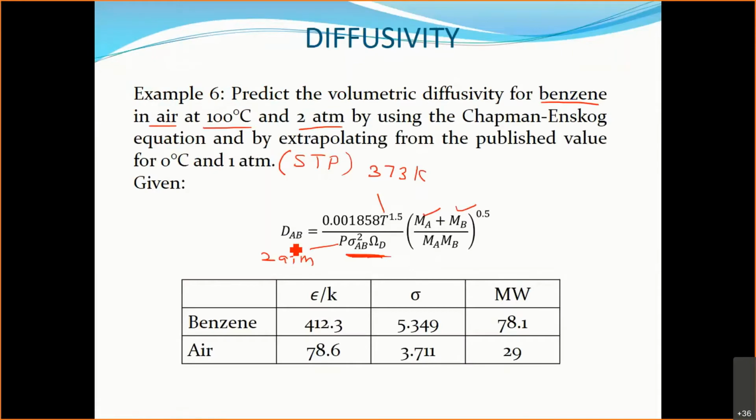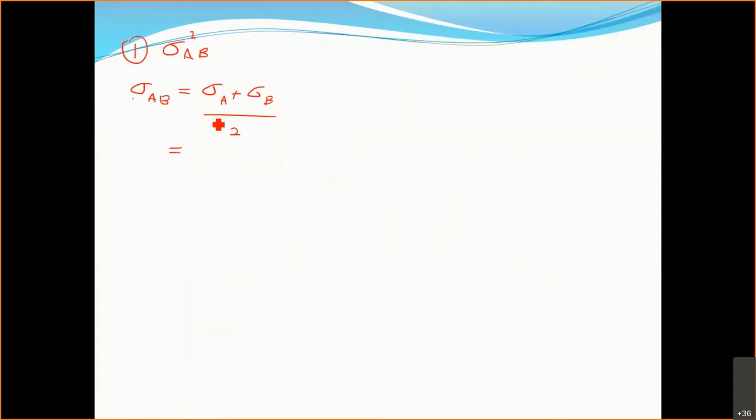So this is sigma A and sigma B, and the values are already given to you, 5.349 and 3.711. So if you substitute into this equation, you will get the value of sigma AB is going to be 4.53.